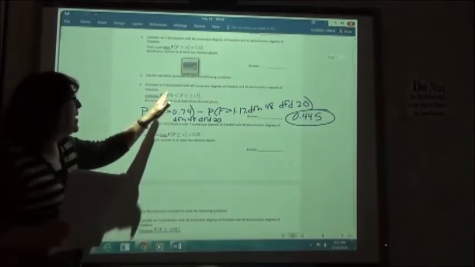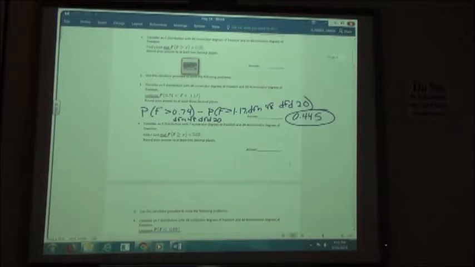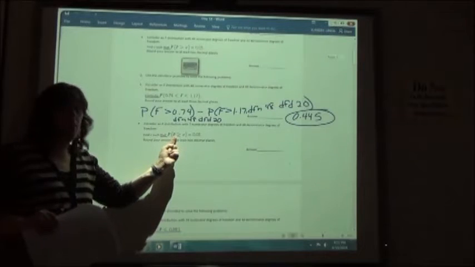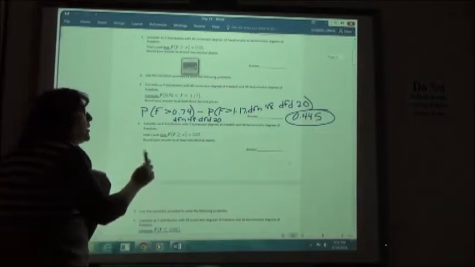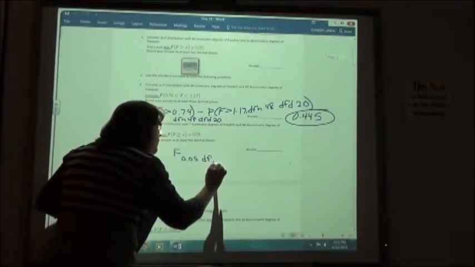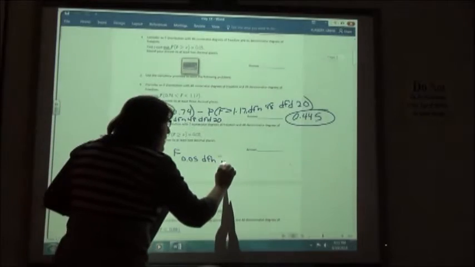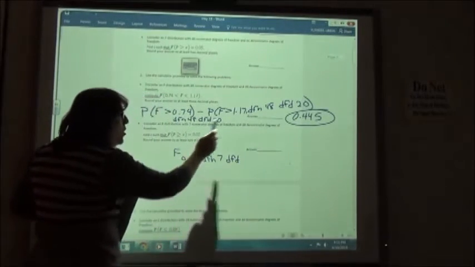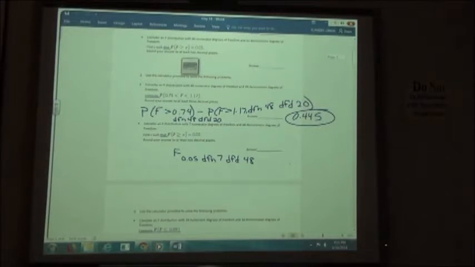So when it has you do between two numbers, you're just going to subtract the two, the first one minus the second one. Here's another critical value. My critical value here again is greater. If it's a greater, we're just going to use the number there. And so we're going to do F sub 0.05. Degree of freedom in my numerator is going to be 7. The degree of freedom in my denominator, 48. If it's a greater, just use the number that's there.